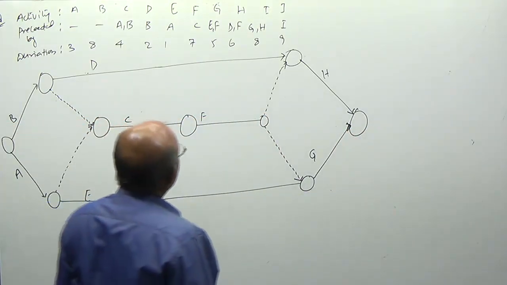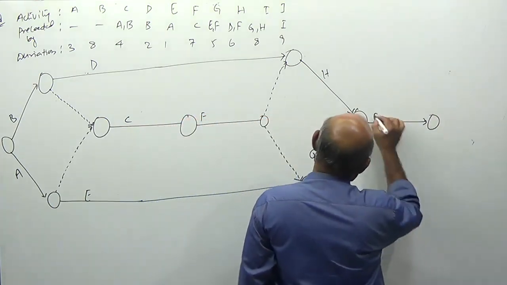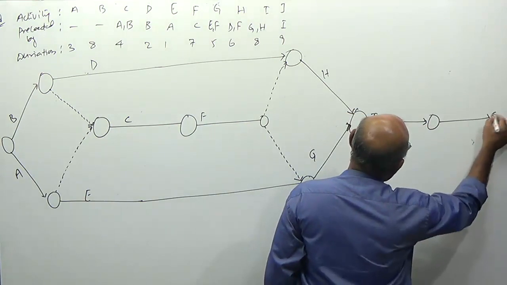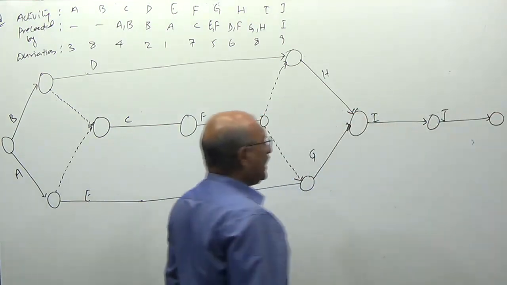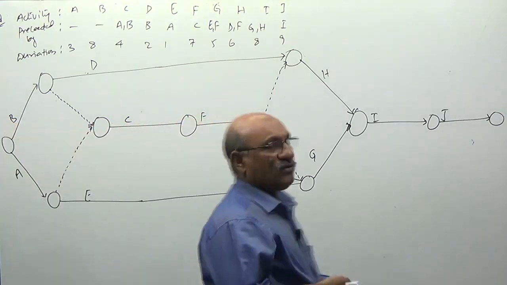Now sir, G and H, where they are merging, I is coming. And from this I, activity J is coming. Okay, this way a project is completed. The network is completed, sir.